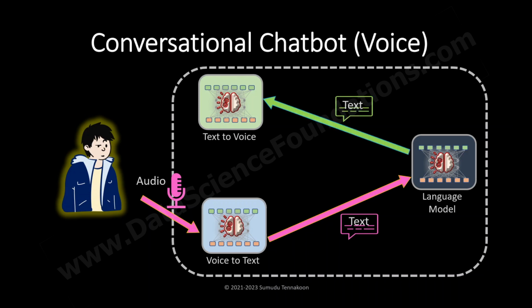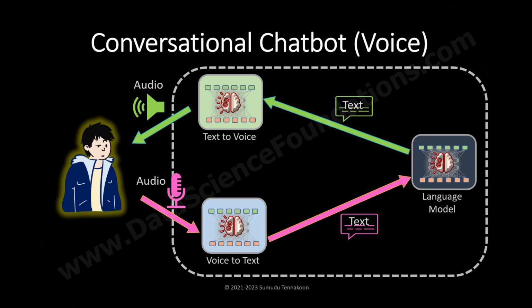It will be sent to the third model, which is text to voice. It could be a generative model as well, trained on text and voice. That model should be able to translate your text into voice, and then an audio signal will be received by you as a spoken response.